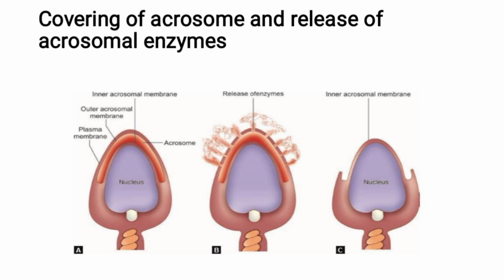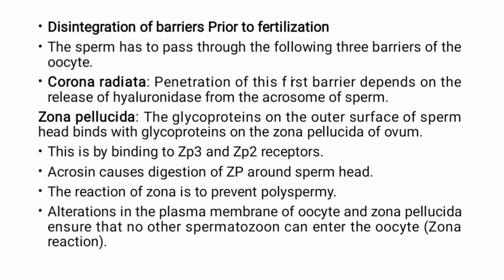The acrosome is the spermatozoon's part, and its covering is removed when it wants to react with the zona pellucida. So that the spermatozoon can react with the glycoproteins found there and enter the vitelline membrane, so that the pronucleus fuses with the nucleus of the oocyte to form a zygote.